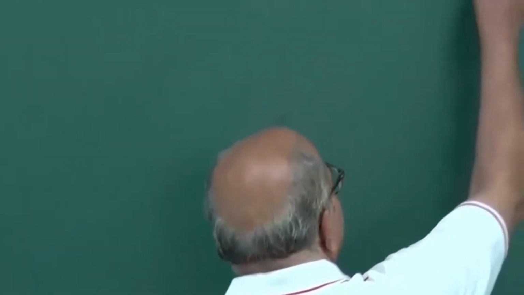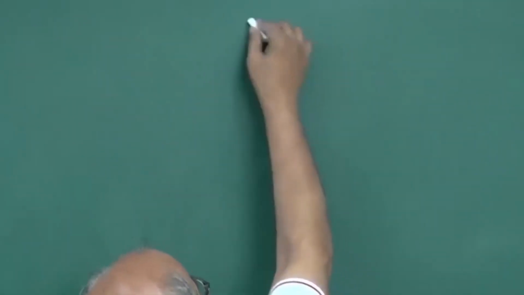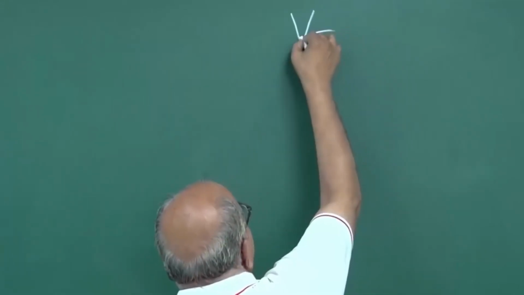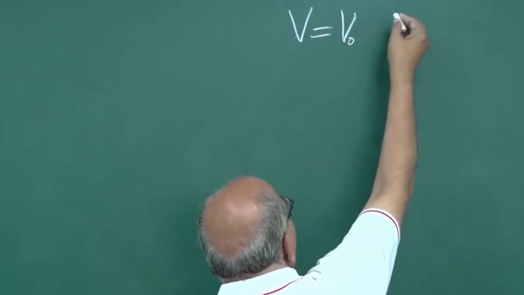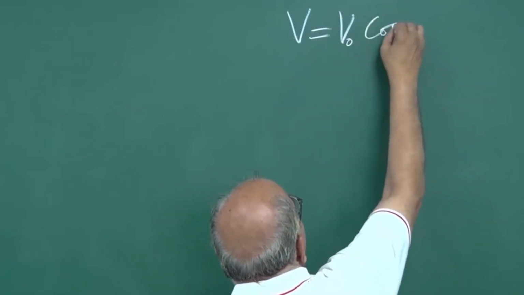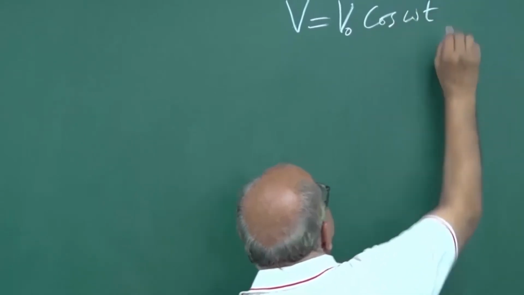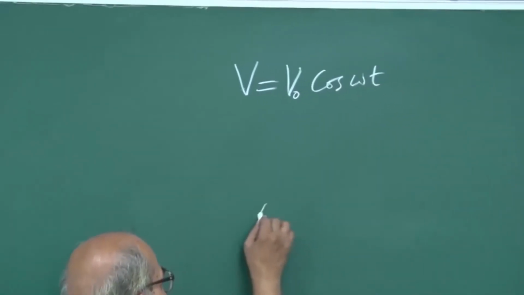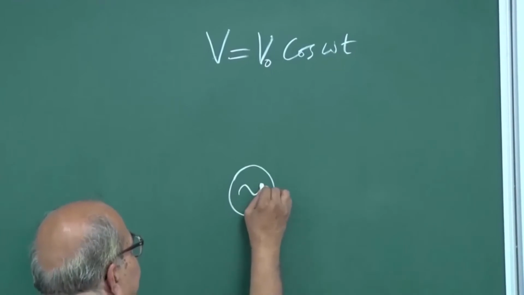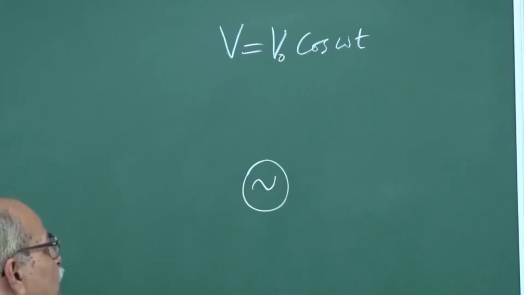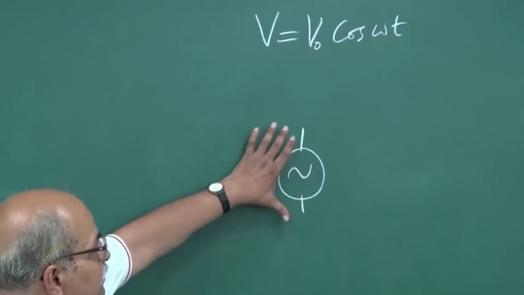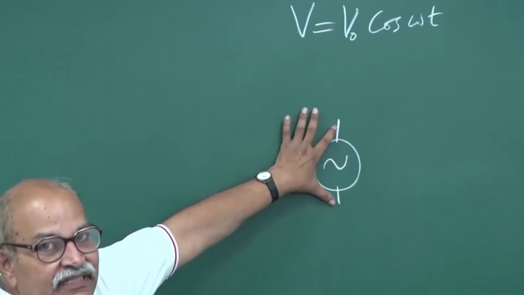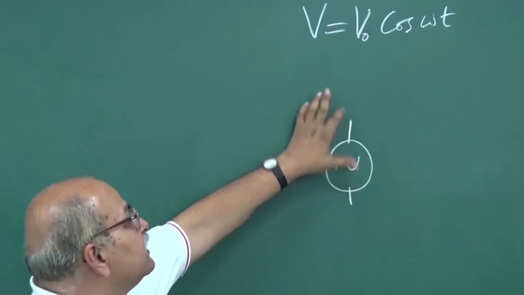AC source means your potential difference V is some constant times cos or sine omega t, like this. AC sources are shown by this symbol. So you have two ends, and the potential difference which appears here is this V.